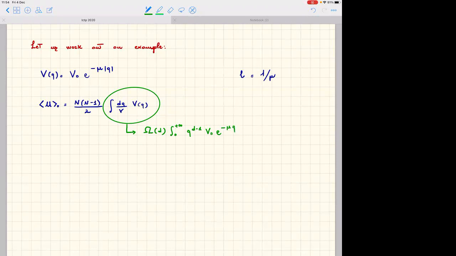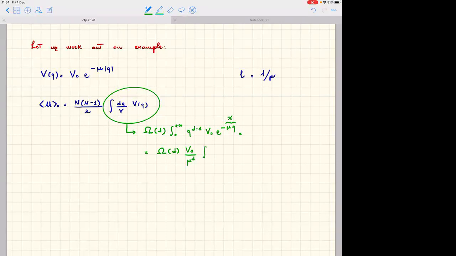Well, it's straightforward to do this integral. What you get is omega d times v naught. Then I change variables. I set mu q equal to x. So I will have mu to the power d.